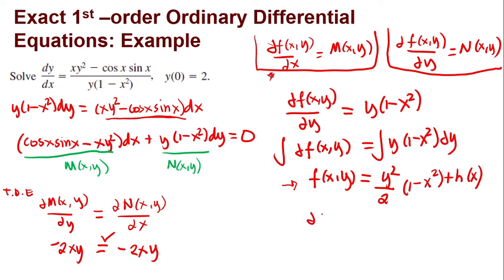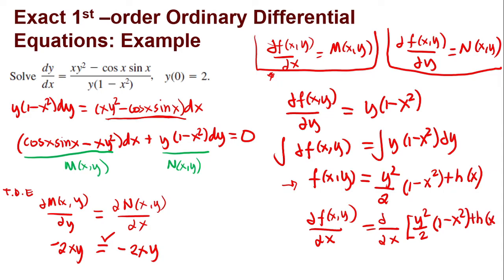So we have the partial derivative of f of xy with respect to x. We take the partial derivative of the right hand side of our equation, y squared over 2 times 1 minus x squared plus h of x, with respect to x.